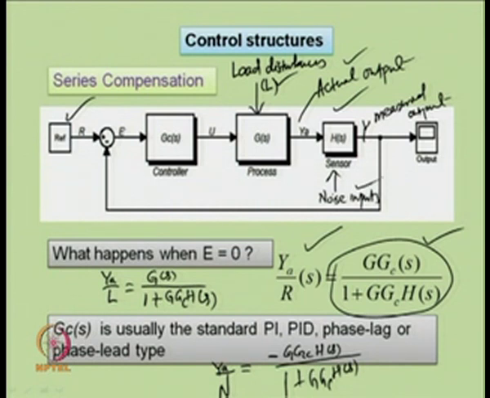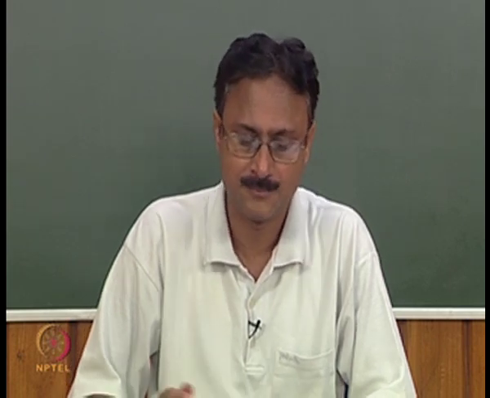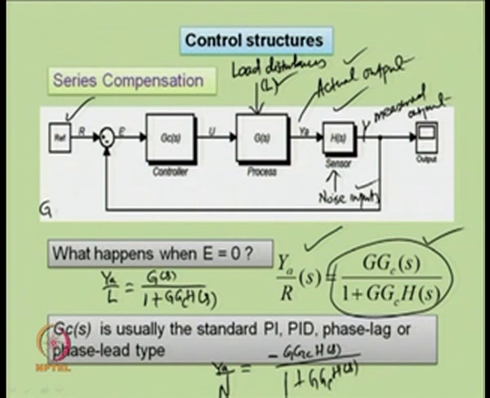Now, how is the controller designed to have a perfect tracking system from this series compensation scheme? Often it is desired to design a controller such that G_C H(s) tends to infinity, is very high. When G_C H(s) is a very large number, then this can be approximated to 1 upon G_C H(s). This can be approximated to 1 and this can be approximated to minus 1.